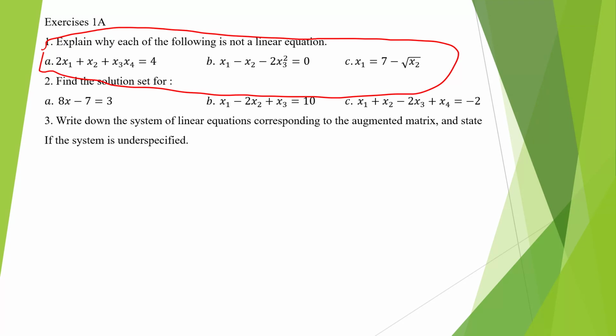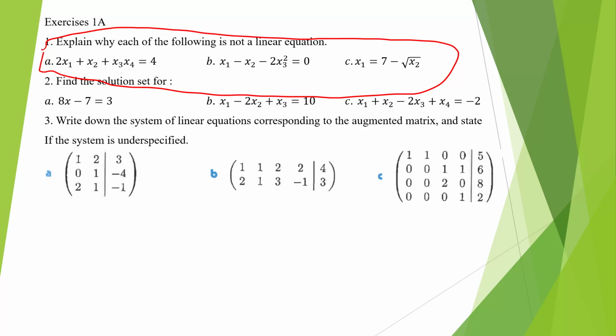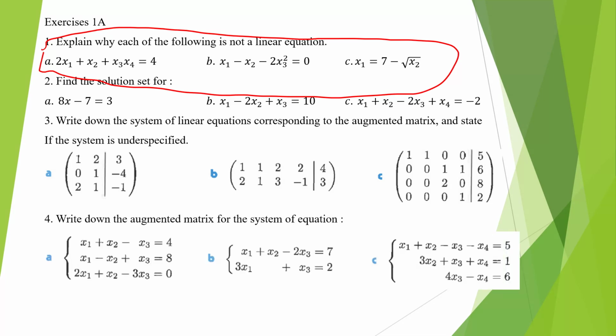So you should remember the words underspecified and overspecified. Underspecified means the unknowns are more than the equations. Overspecified means the equations are more than the unknowns. You can convert from the augmented matrix to the system. If the system is underspecified, write down the augmented matrix of the system of linear equations.